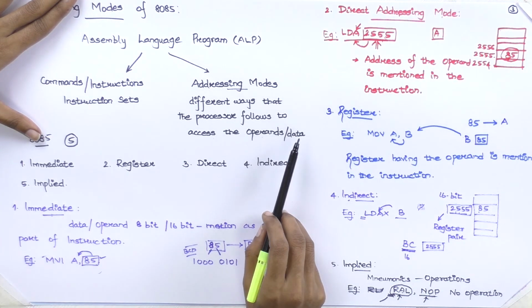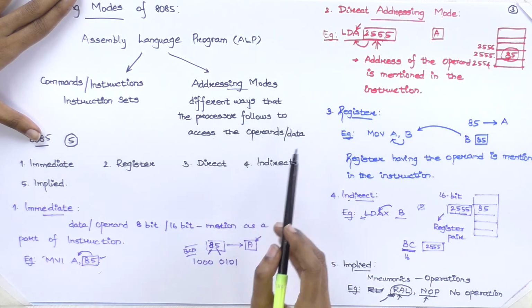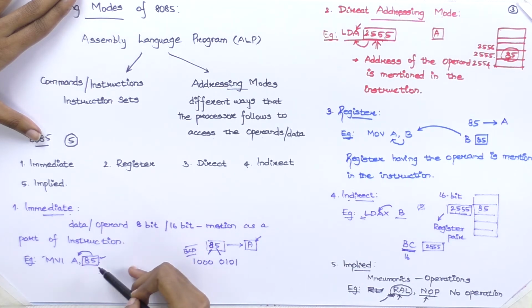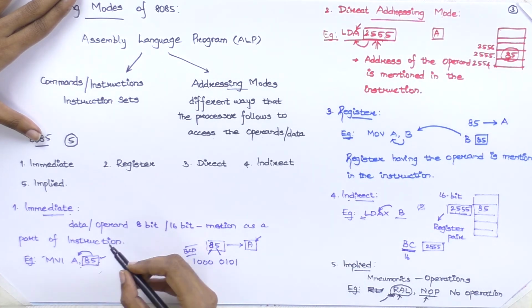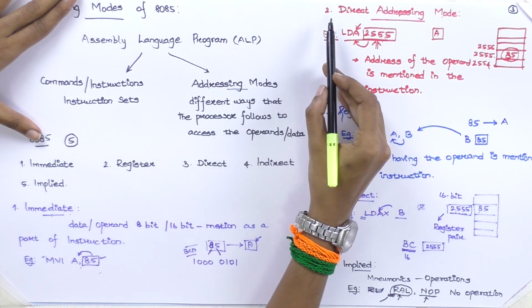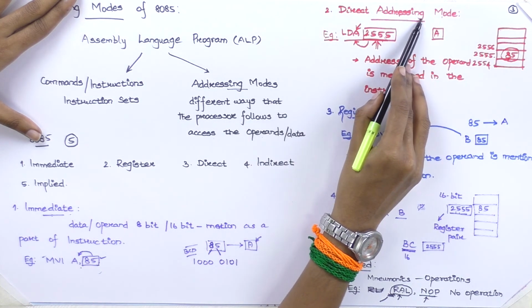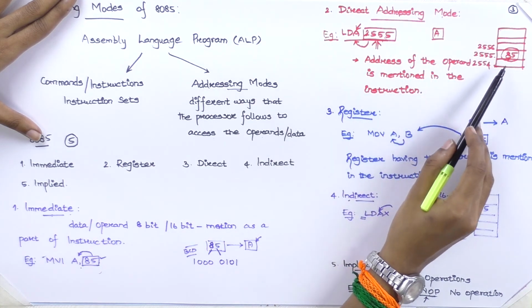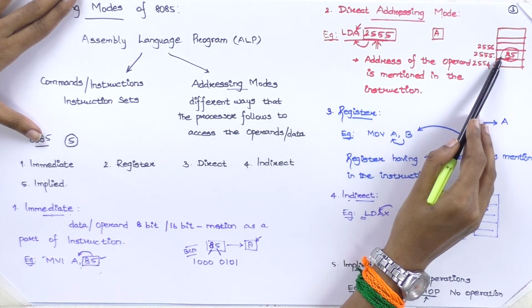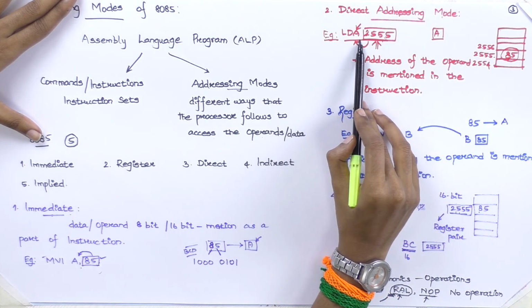As a summary, again we will see about the addressing modes. The first addressing mode is immediate addressing mode, where the input operand is mentioned directly in the instruction itself. It can be an 8-bit or 16-bit operand. The second addressing mode is direct addressing mode, where the address of the input operand is mentioned in the instruction itself.